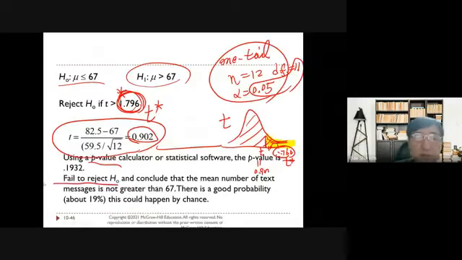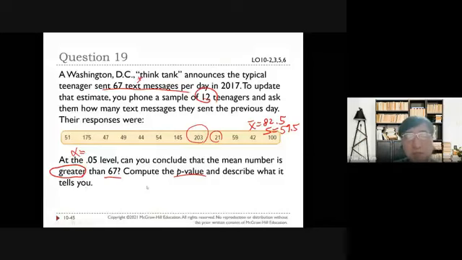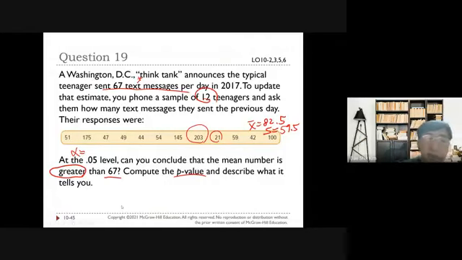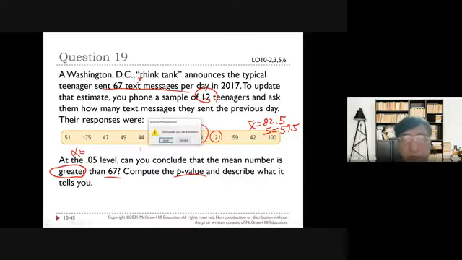Let's try to solve this problem in Excel. The problem is 19. I quickly solve it using Excel.